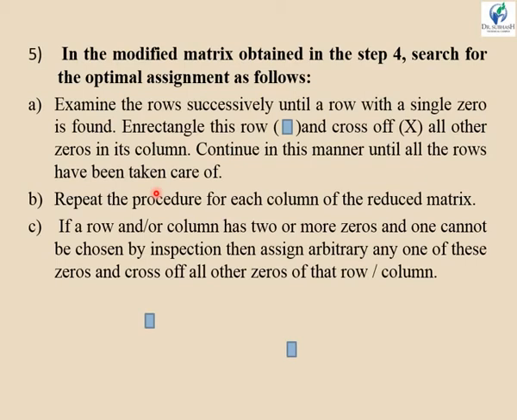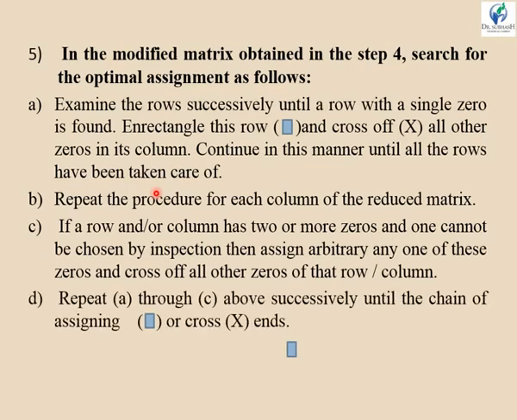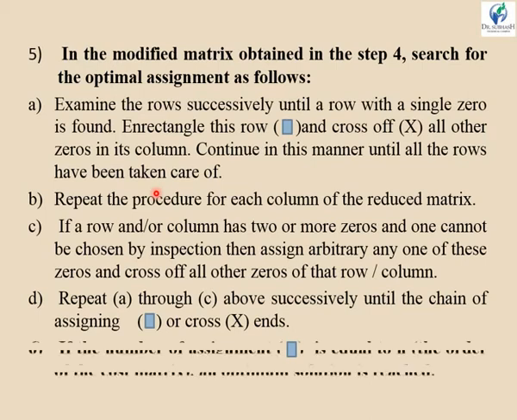So there may be a case when in some rows or columns there is more than one zero. At that time you can arbitrarily assign to any of the zeros, and the rest of the zeros should be crossed out. Repeat the above steps successively until the chain of assigning or crossing ends.